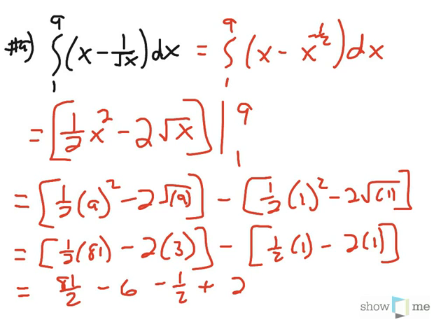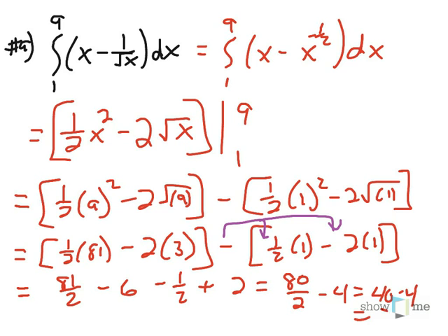It's plus because you got to distribute this subtract to each of these terms in the parentheses. So this further simplifies 81 over 2 minus 1 over 2 would be 80 over 2. When you subtract fractions, you subtract the numerators. The denominator is the same. A minus 6 and a plus 2 is a minus 4. This gives us 40 minus 4, which is 36.